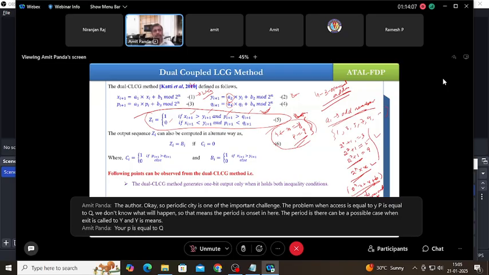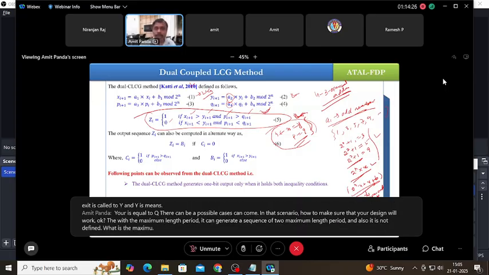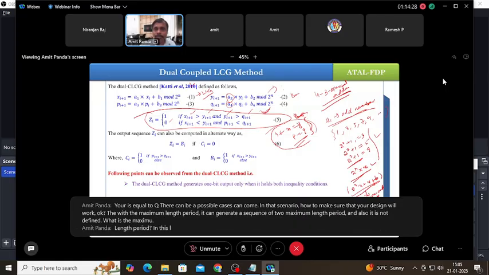In that scenario, how do we make sure that your design will work with a maximum length period, generating a sequence up to the maximum length? It is also not defined what the maximum length period is. In an LCG, the maximum length period is 2 to the n, but in this case it is not proven. That is the trade-off.